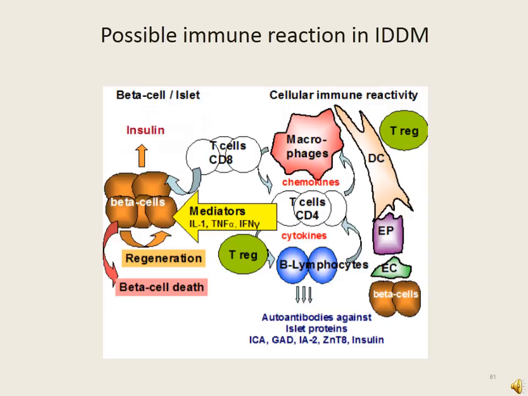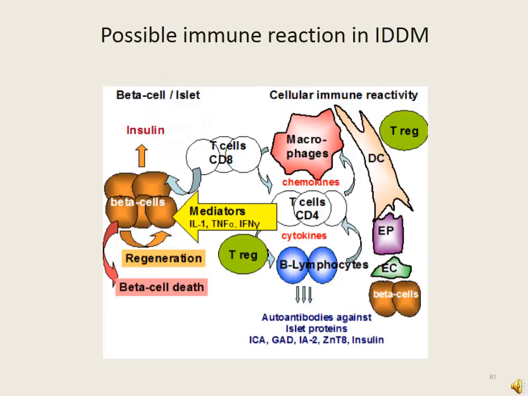First, that is the CD4 T cell, and this autoreactive T cell will be activated and help the production or the activation of CD8 T cell that is specific to the beta cell that secretes the insulin.